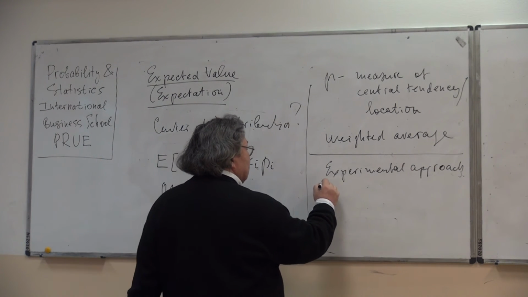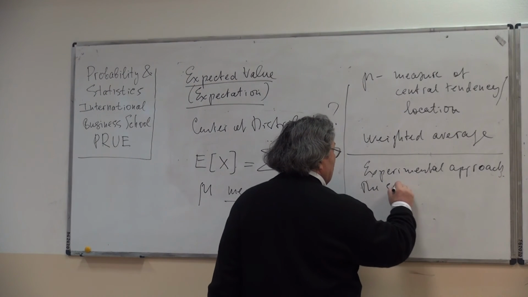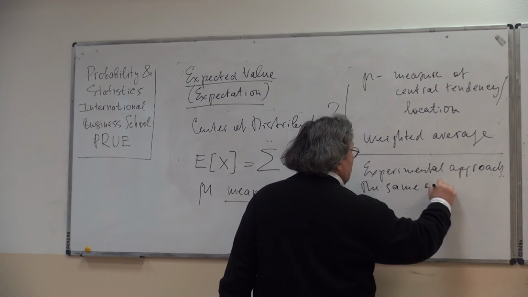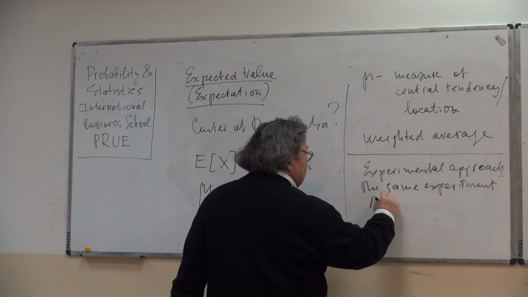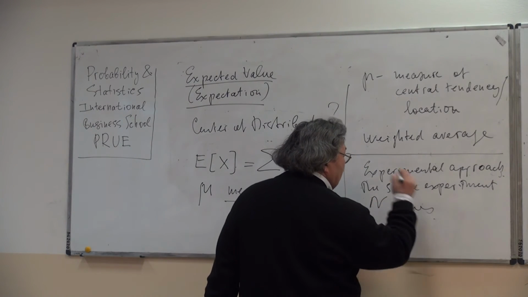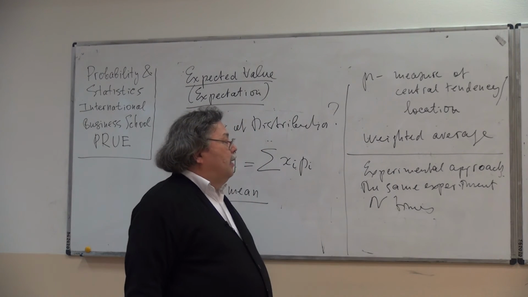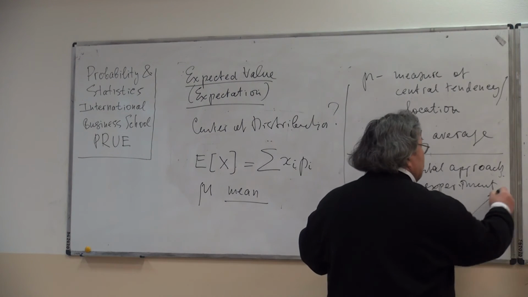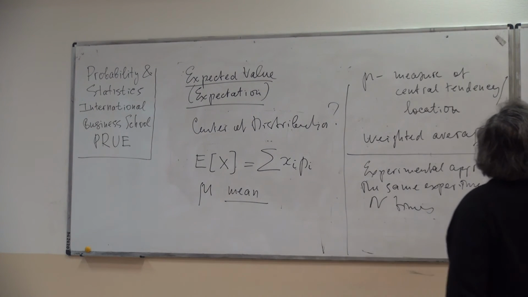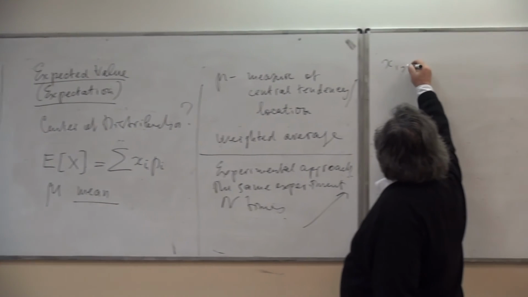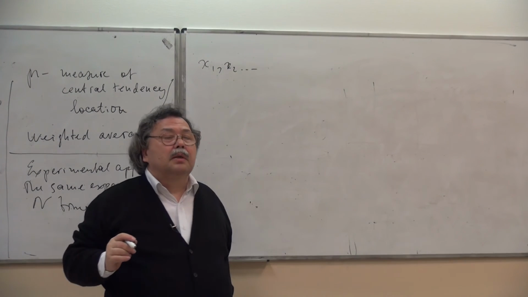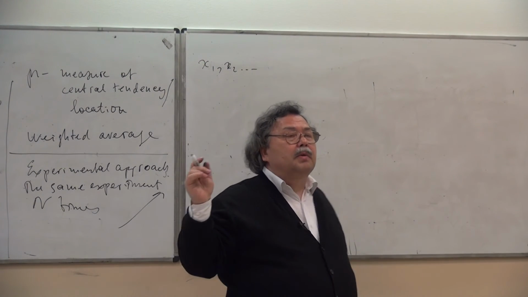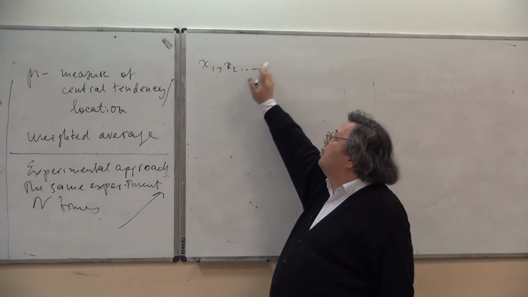Which means that we perform the same random experiment again and again many times. So the same experiment is performed n capital times. Suppose the values of the random variable that are observed in this series of experiments are x1, x2, and so on.